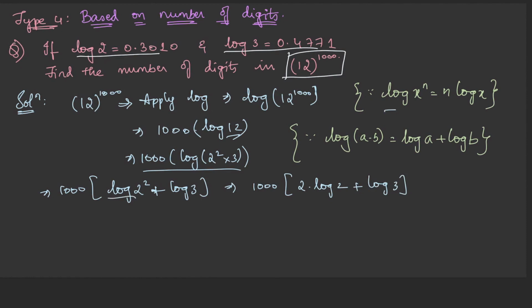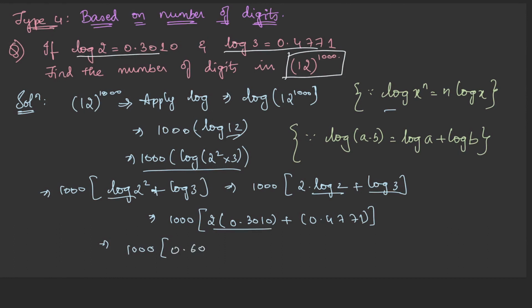Here we use this formula. Here we substituted the log 2 and log 3 values given in the question. Now let's multiply them. 2 into 0.3010 is 0.6020, plus 0.4771, which is 1.0791, times 1000.